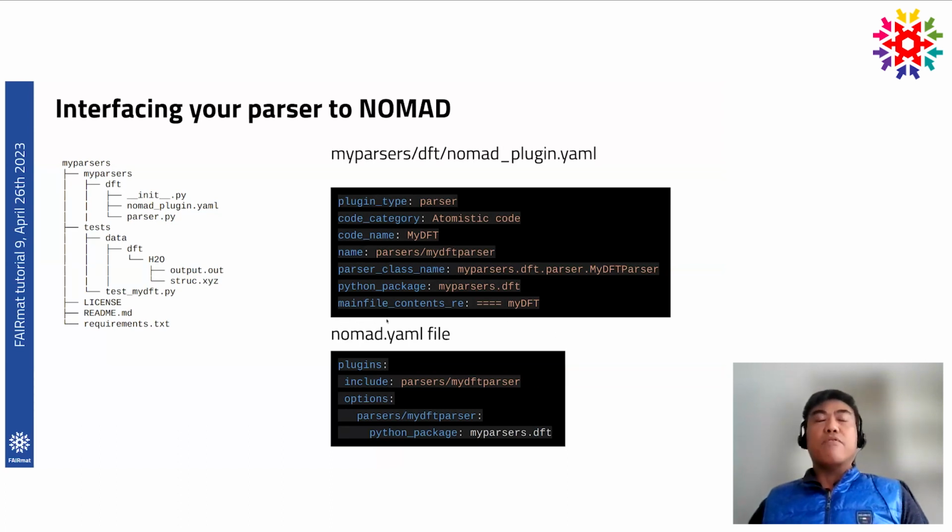For example, if your main file is an HDF5 file, you can also specify some quantities there that should be in your file. In your nomad.yaml file, you have to include these plugins. Then you put this include and these options. And under options, you specify the Python package, which is this.